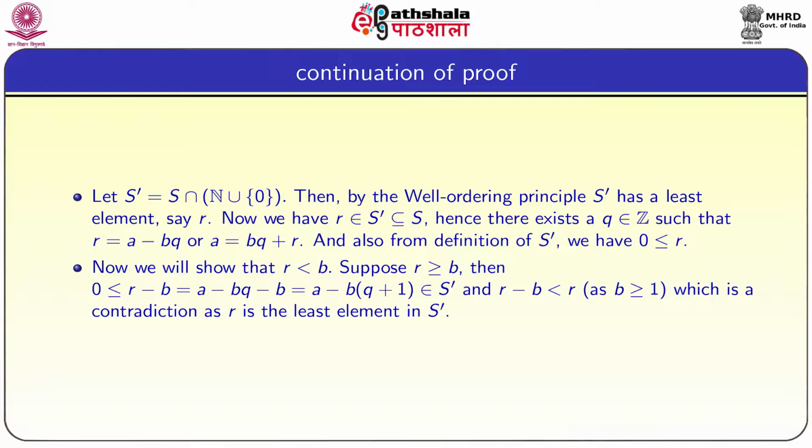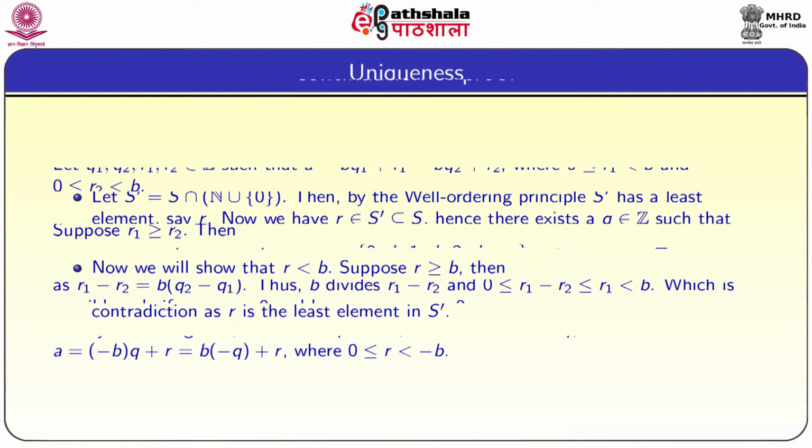Then 0 is less than or equal to r minus b, which is equal to a minus bq minus b, that is a minus b into q plus 1, which also belongs to S dash, since this is greater than or equal to 0. So, we have r minus b is less than r, because b is greater than or equal to 1. So, r minus b is strictly less than r, which is a contradiction, as r is the least element in S dash. So, r greater than or equal to b is wrong.